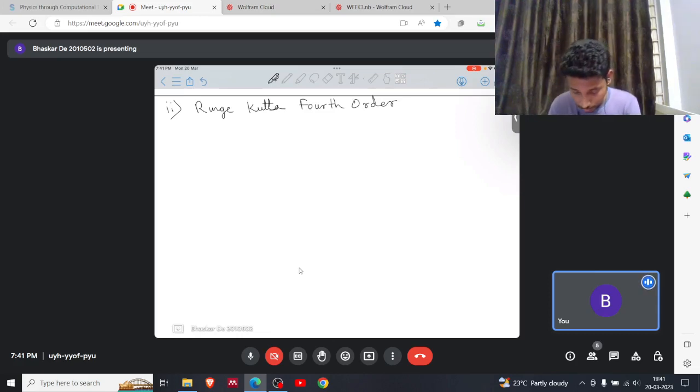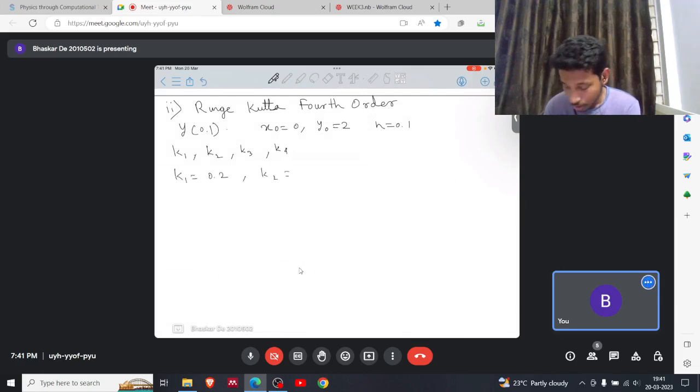So here to determine y at 0.1 we have x naught equal to 0, y naught equal to 2 as usual, and h equal to 0.1. Now we will find the values of k1, k2, k3, k4. So I'll just write the values: k1 equal to 0.2, k2 equal to 0.205, k3 equal to 0.20525, and k4 equal to 0.21053.